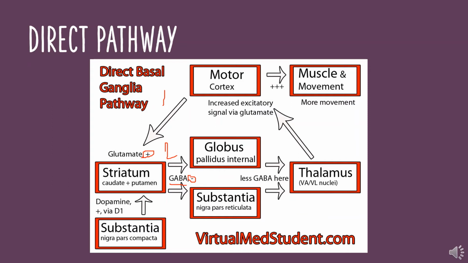Now, since less GABA is going to be released into the thalamus, this is going to result in what is known as disinhibition, which will ultimately result in the stimulation of the glutamatergic fibers of the thalamus, which will go to the motor cortex, release glutamate, stimulate the motor cortex, and then finally activate the corticospinal system, which will result in bringing about the required movement.